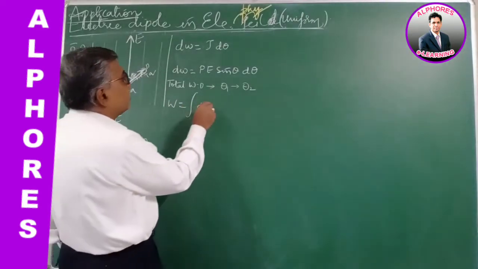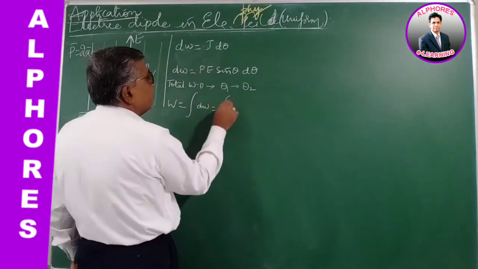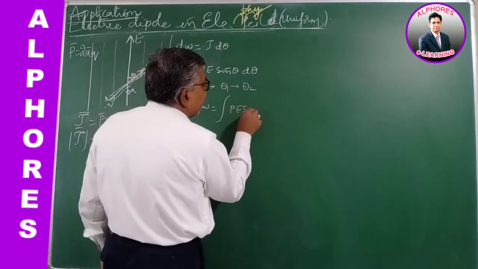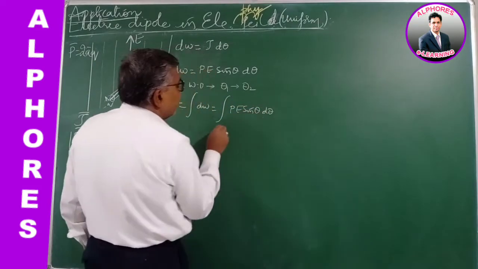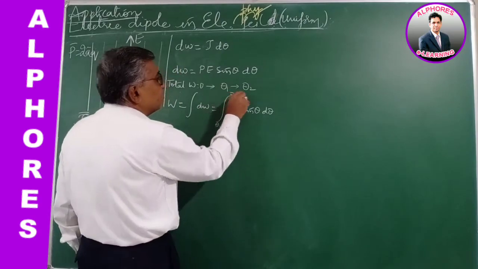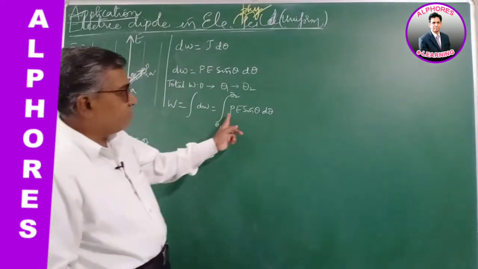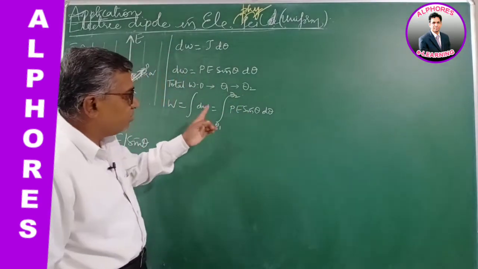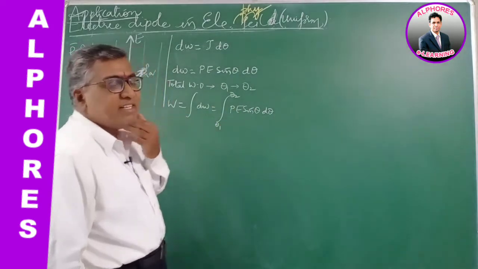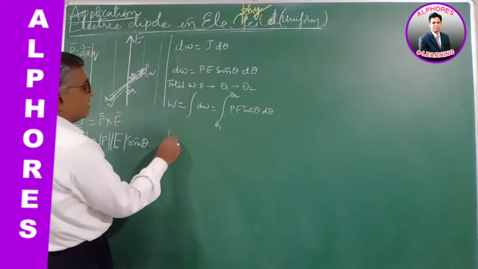So this is equal to the integral of Pe sin theta d theta. The limits are theta 1 to theta 2. So the total work done W is the integral of Pe sin theta d theta.